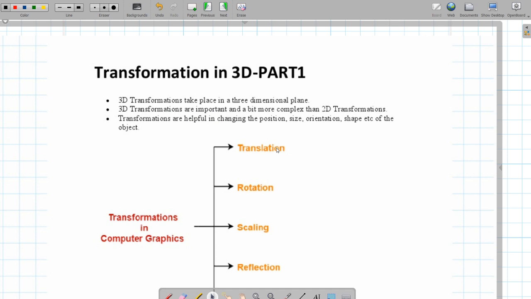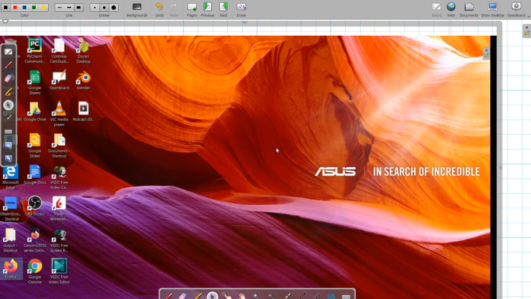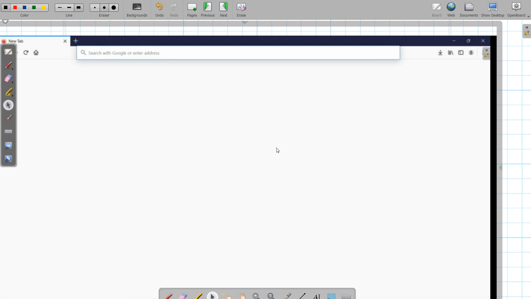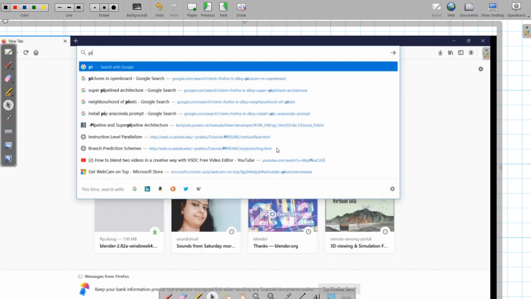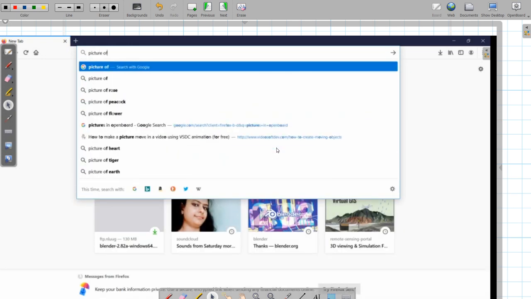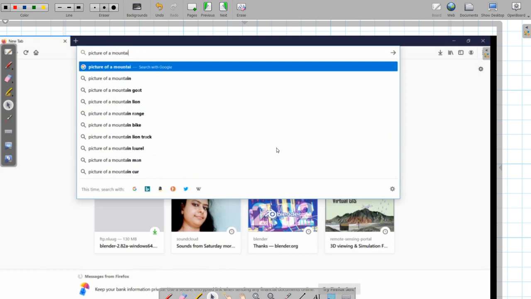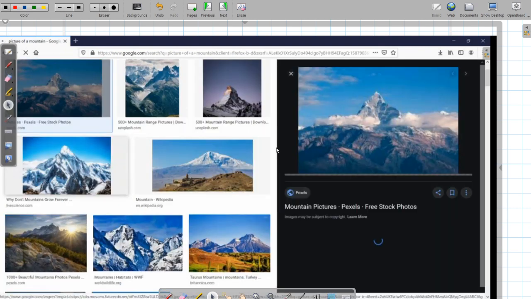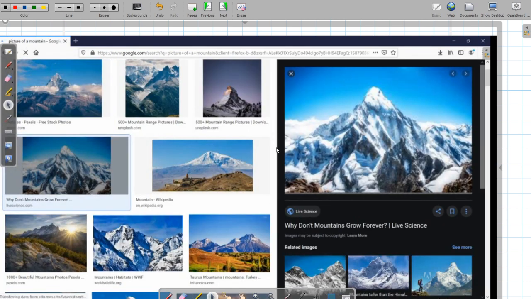You can see that on your computer screen, whenever you see something, let me show a picture of a mountain. So you can see that this is indeed a picture of a mountain. Now, my computer screen coordinate system is two-dimensional.